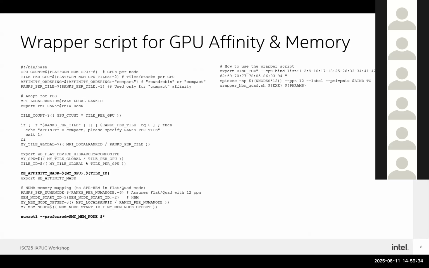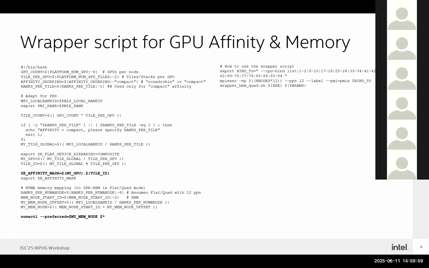So when you launch this script, the process will land on the CPU ID list that you specify, and the ZE_AFFINITY_MASK is set, which determines which PVC tile a rank offloads to, and which memory on the host it uses.